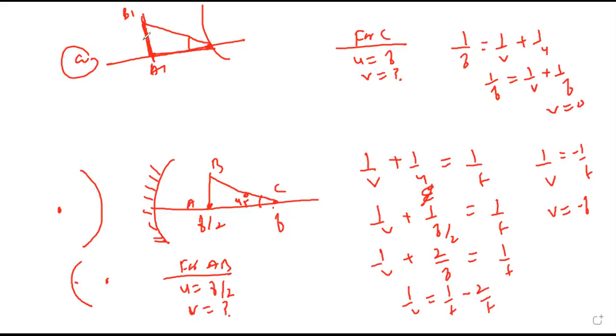But this is the concept we did. One point is U, AB, other point is C. So AB's magnification is double and the distance between them is the same. F and F by 2 means F by 2 distance. So therefore it will be angle greater than 45 because the magnification is more. Higher the magnification, larger will be the angle.